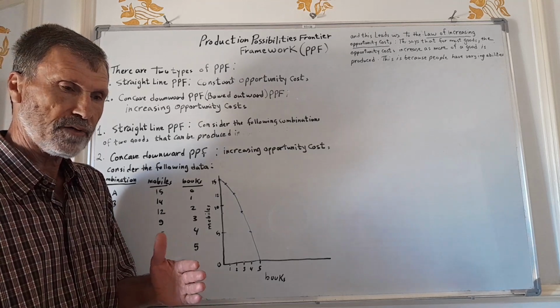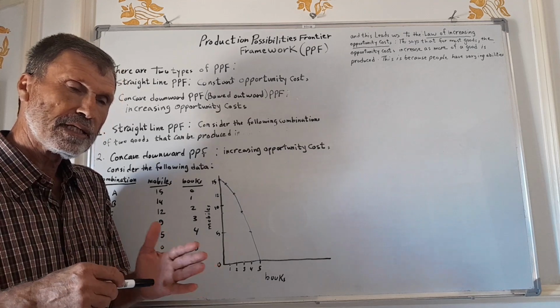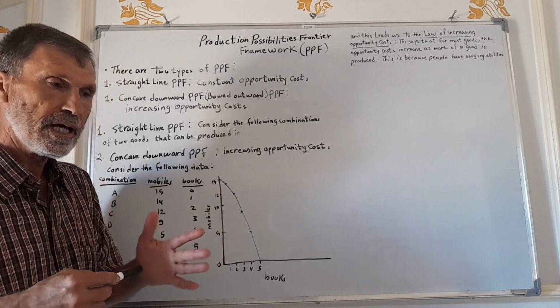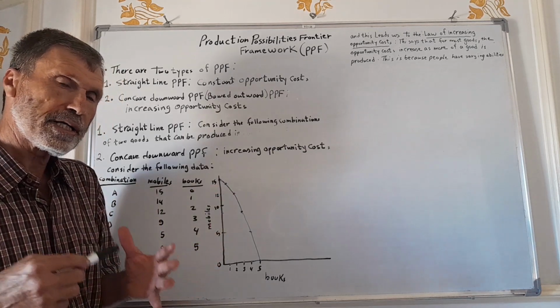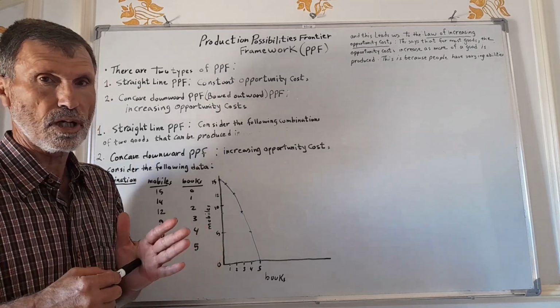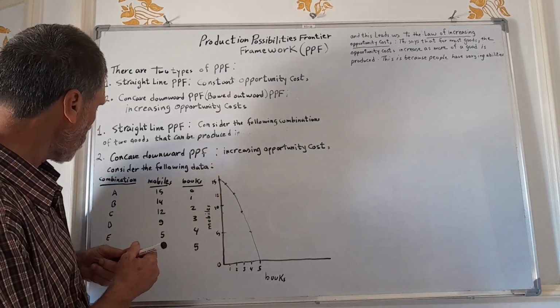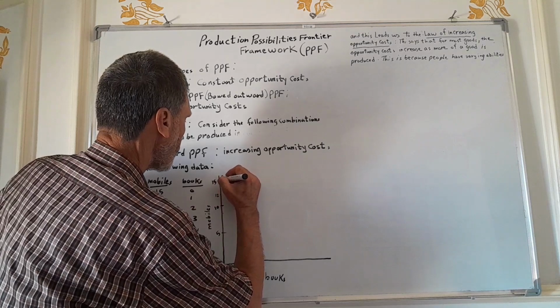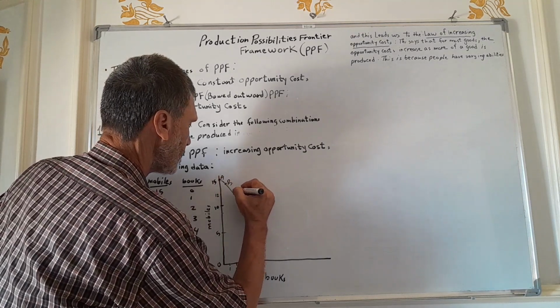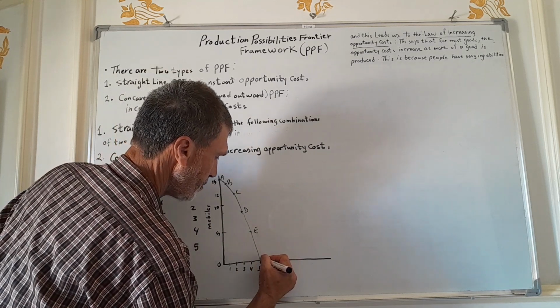If the opportunity costs are constant, as we have already seen, the PPF is a straight line, and when the opportunity costs are increasing, as we would see now, then you will expect the PPF to be concave downward, as you can see over here. And this is here, A, B, C, D, E, and F.